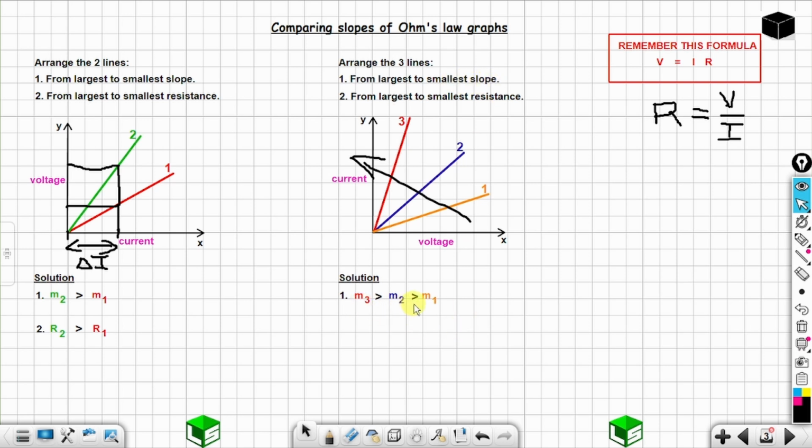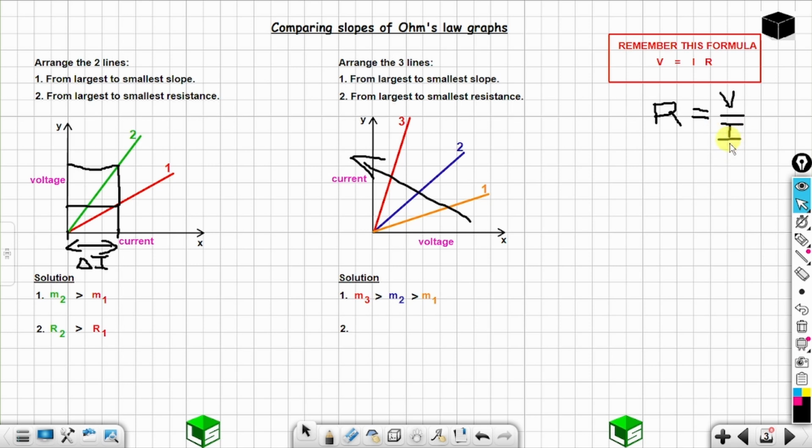Now number 2, we have to use this formula again. We are going to compare the resistance. So this is the formula. We maintain the current and we compare the voltage. The larger the voltage, the larger the resistance.